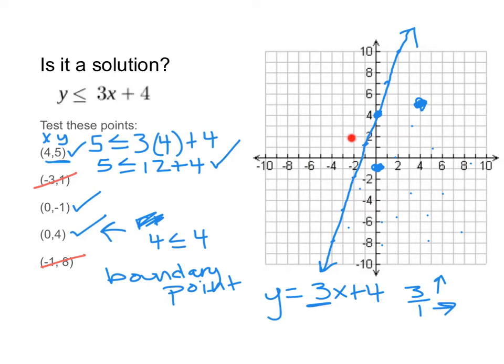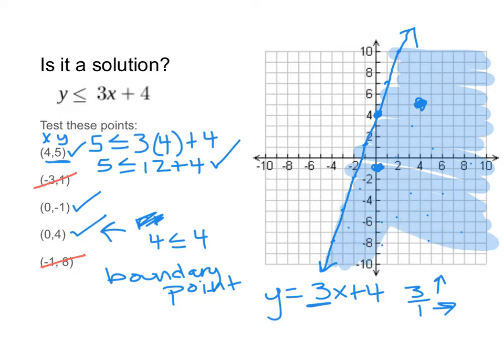That's where (-3, 1) was. That didn't work. Or (-1, 8). That didn't work. So what we do when we graph inequalities is we shade in one side. So we shade in everything on the side that works, and we leave the other side unshaded.